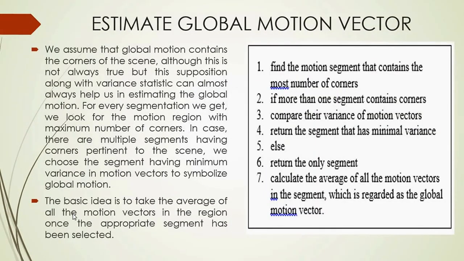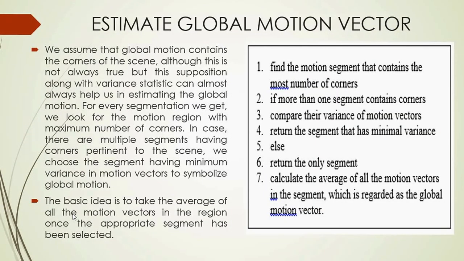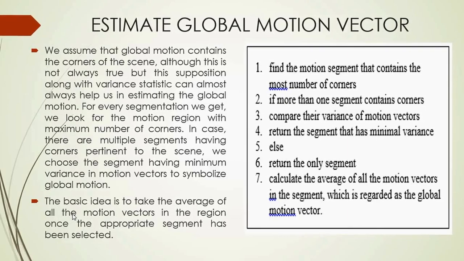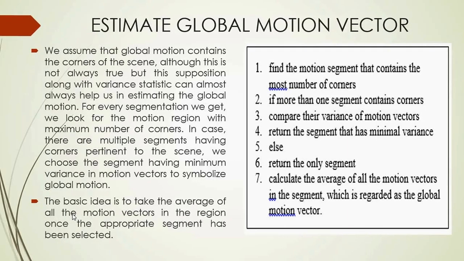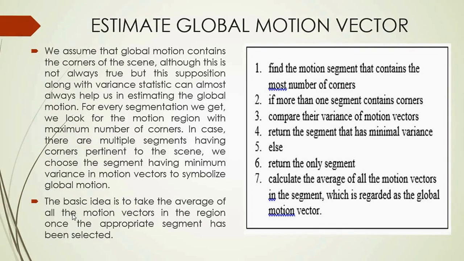So how do we estimate the global motion vector? We use this algorithm that I'll be explaining to you. We assume that the global motion contains the corners of the scene. Although this is not always true, this supposition along with the variance statistic can almost always help in estimating the global motion. For every segmentation we get, we look for the motion regions with the maximum number of corners.